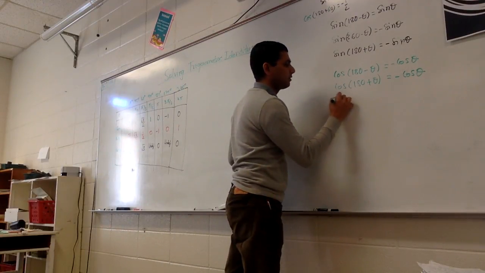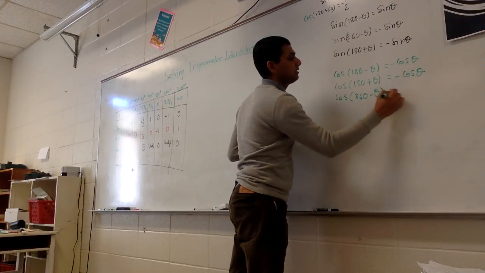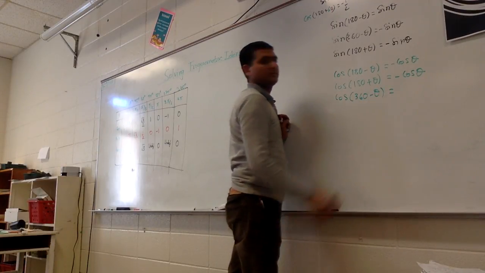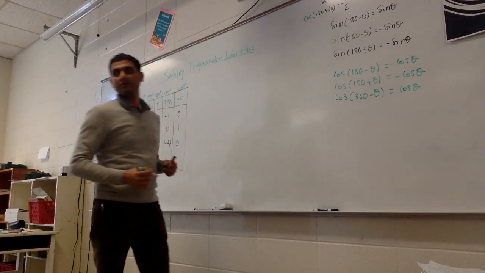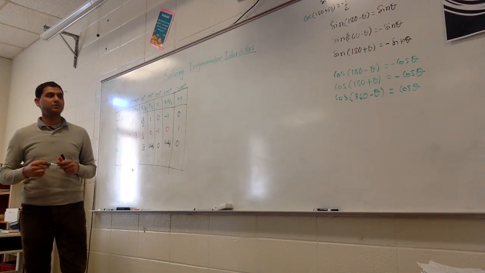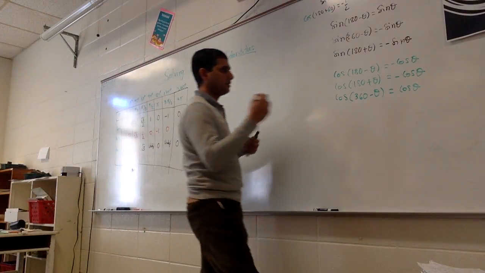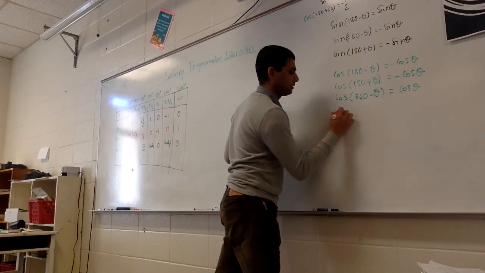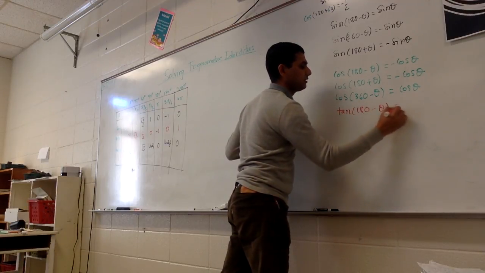And cosine of 360 minus theta is equal to cosine theta. Let's do tan. Tan 180 minus theta: can somebody tell me what it is?